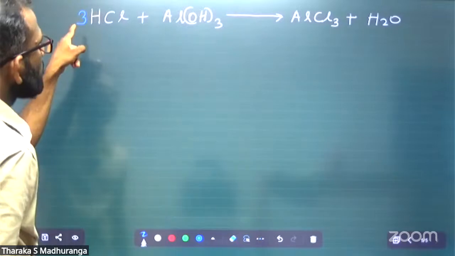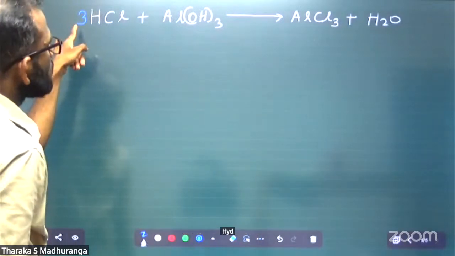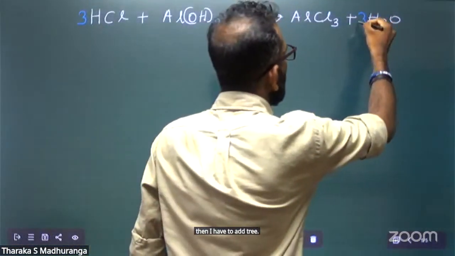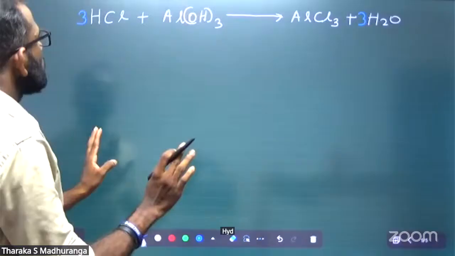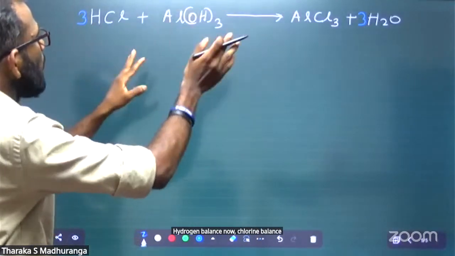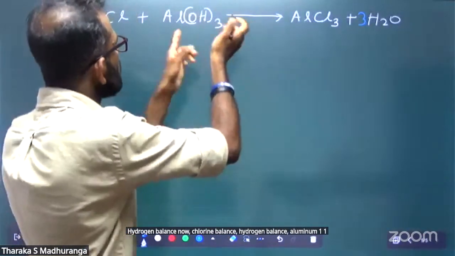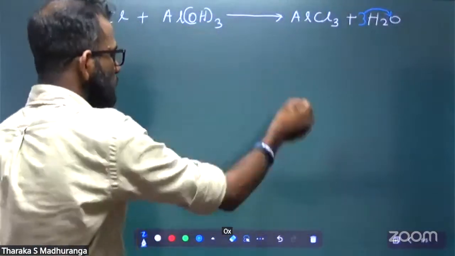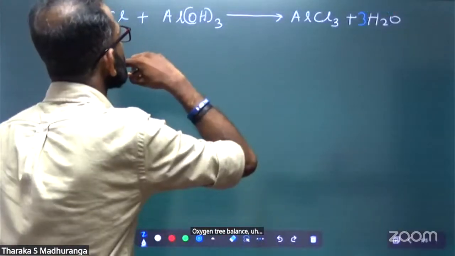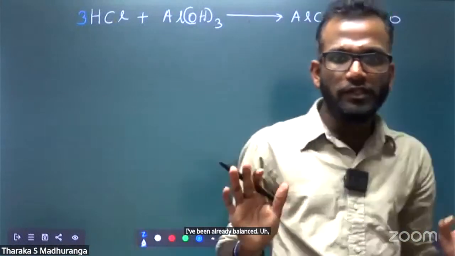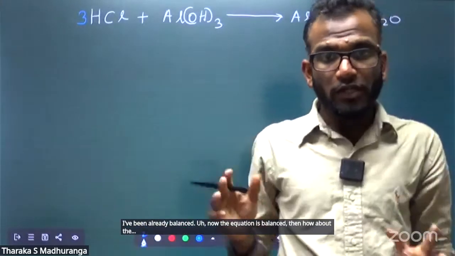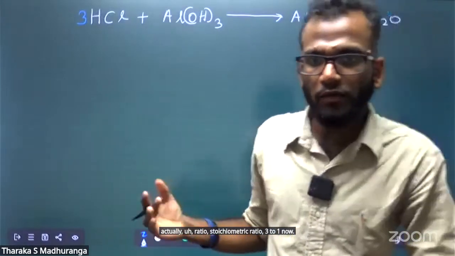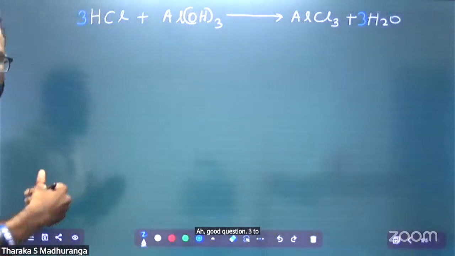Now we can balance hydrogen. Hydrogen 3 plus 3 is 6, then I have to add 3 here. Chlorine balanced, hydrogen balanced, aluminium 1 and 1 balanced, oxygen 3 and 3 balanced. Now the equation is balanced. Then how about the stoichiometric ratio? 3 to 1 now. Good question. 3 to 1 is the stoichiometric ratio.